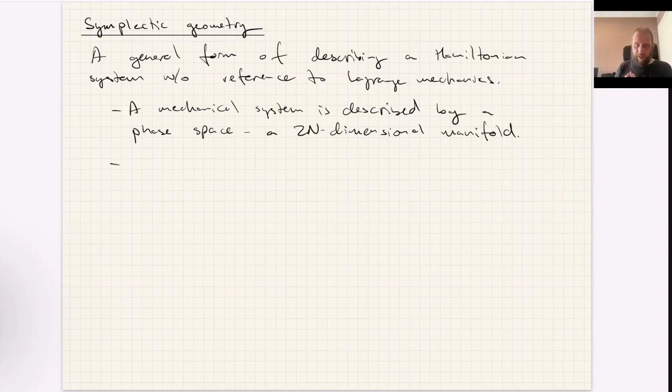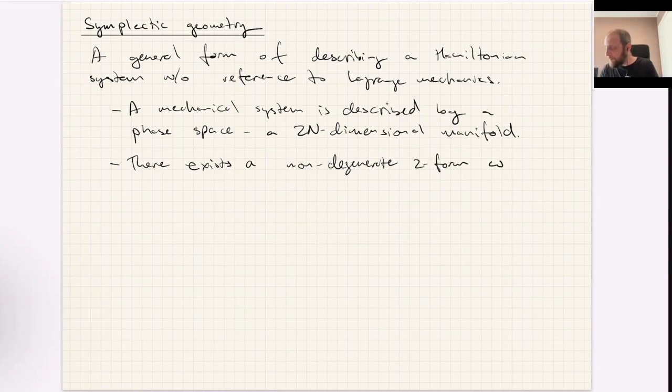On this manifold, there exists a non-degenerate antisymmetric 2 form omega, which is then called a symplectic form, with d omega equal to 0, as we saw.